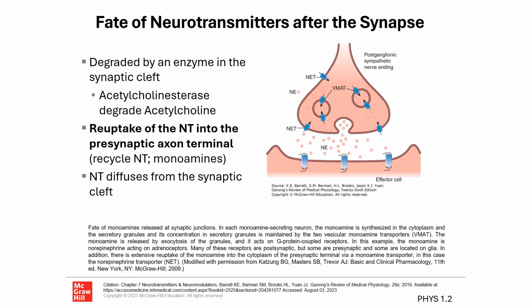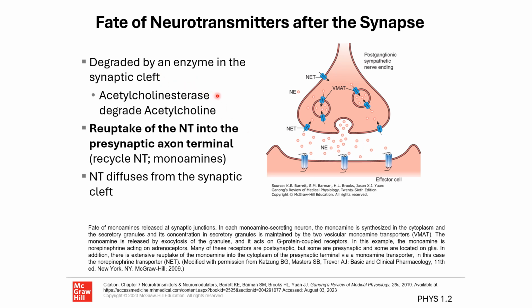What happens after you have had the signal sent from one presynaptic neuron to the next, or the effector cell? What happens then? Well, the neurotransmitters can undergo a couple processes. Some of them may be degraded by an enzyme in the cleft. So you might have an enzyme like acetylcholinesterase.